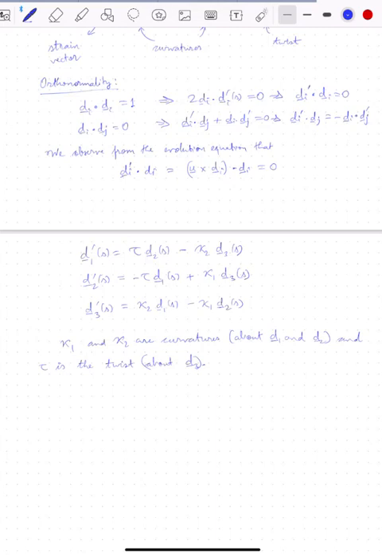So we have just clearly set down the geometrical description, or the kinematic description, of the system.